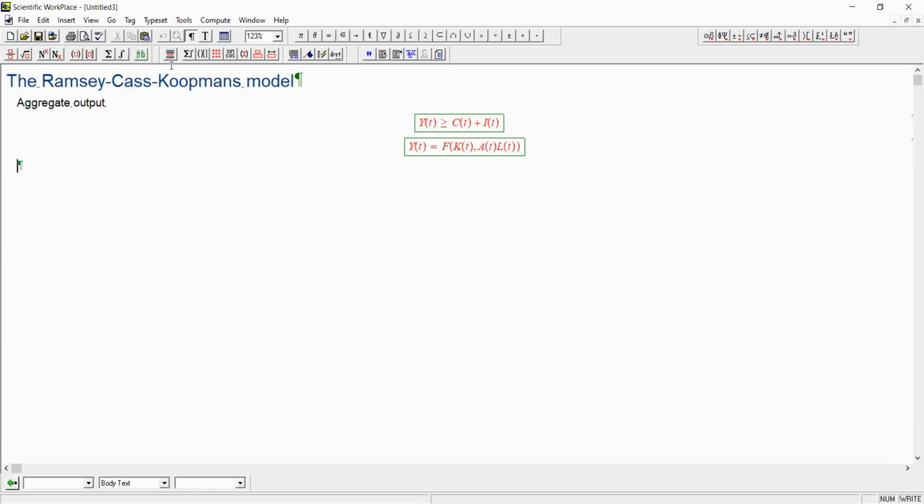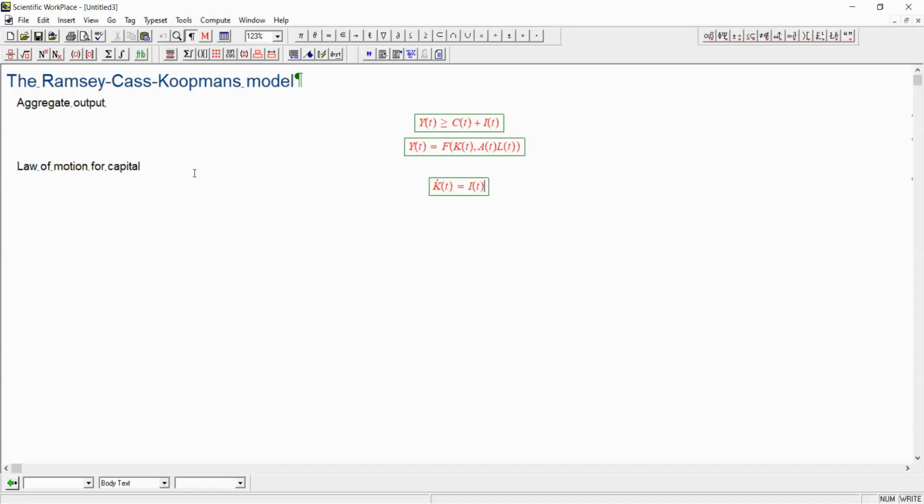Next, we have a law of motion for capital, which changes due to two flows. One is a flow into the capital stock, which is just aggregate investment.